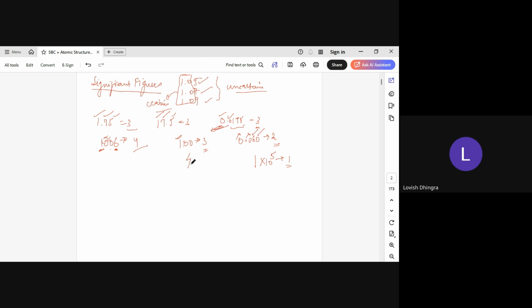That 4 can be written as 4, then 4.0, 4.00, and so on, with 5 zeros, 6, 7, and so on. Clear? I can write that digit 4 in various forms, so it will have infinite significant figures. Is this clear to everyone?